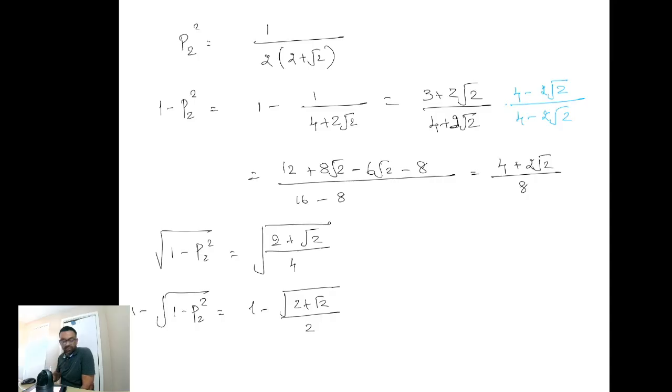Again, multiply and divide and do the same conjugate product. So this basically becomes 2 minus of root of 2 plus root 2 divided by 2 multiplied by 2 plus of root of 2 plus root 2 divided by 2 plus of root of 2 plus root 2.